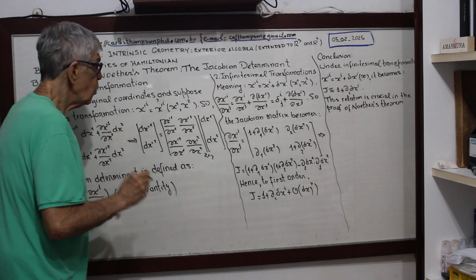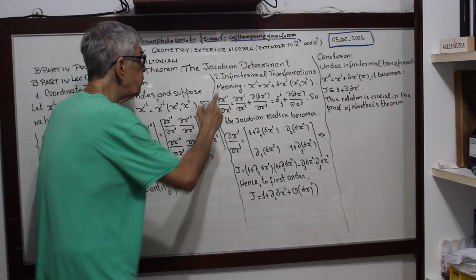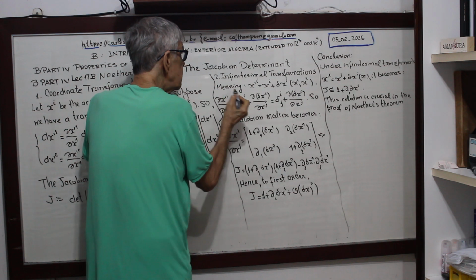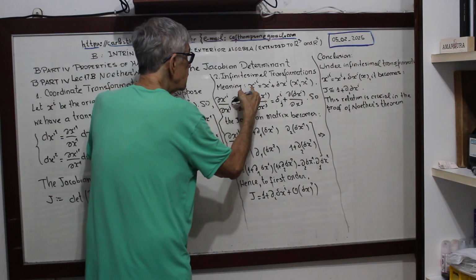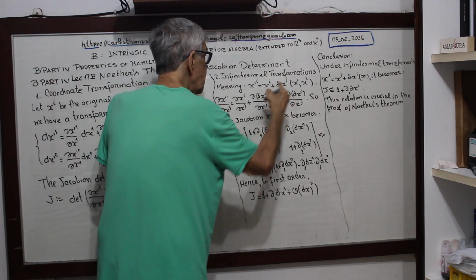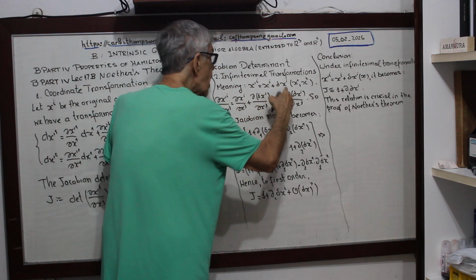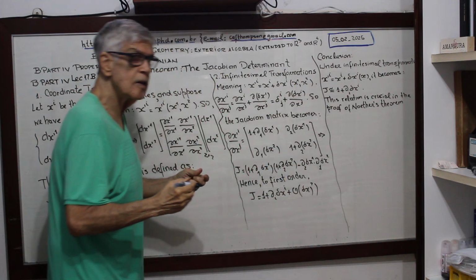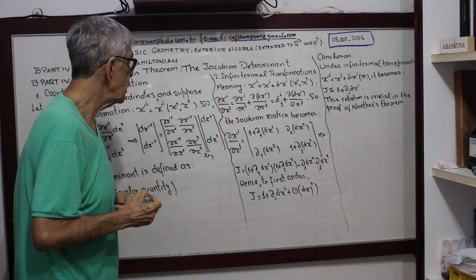Now, what I want is infinitesimal transformations. What does this mean? It's x'_i is x_i plus delta x_i. Remember that delta x_i is a function of x1 and x2, for i equal to 1 and 2.